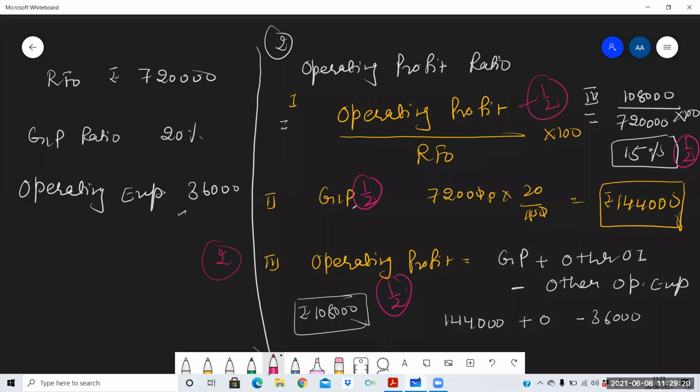In this manner, you will get 2 out of 2. If you skip any step and try mental calculations, those marks will be deducted. Suppose you have not written the formula and directly written the answer, half mark of the formula will be deducted.